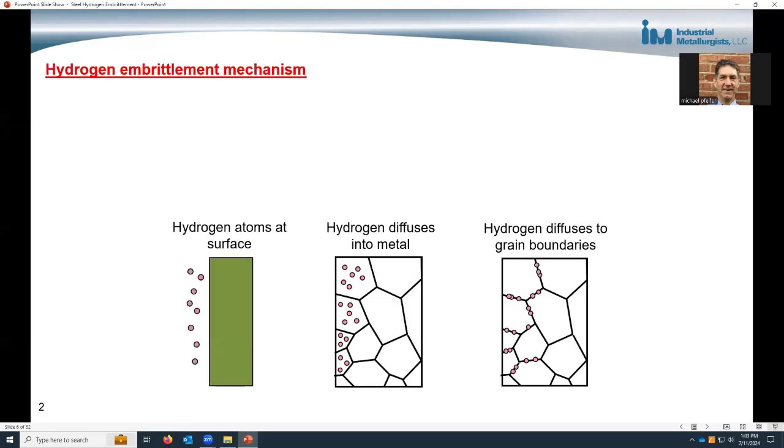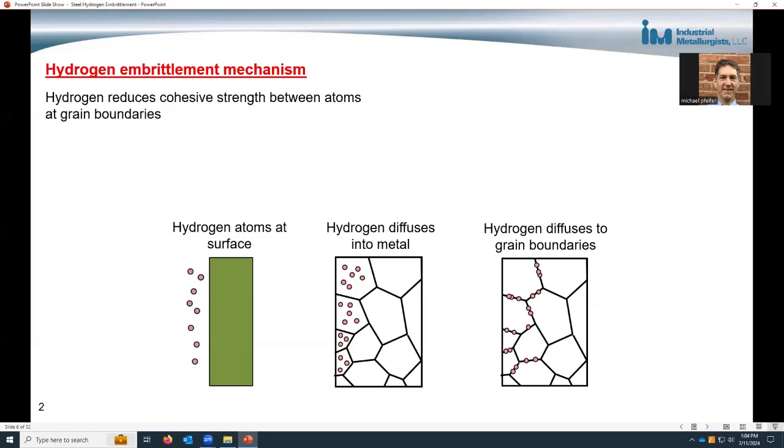So this slide goes into a little bit about the hydrogen embrittlement mechanism. Hydrogen embrittlement is due to the absorption of hydrogen atoms into a metal, and the hydrogen atoms are able to diffuse to the grain boundaries where they weaken the grain boundaries.